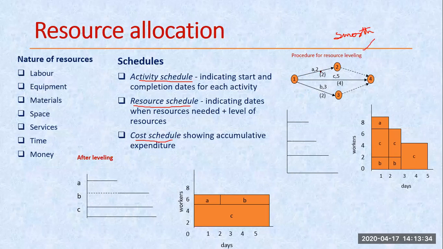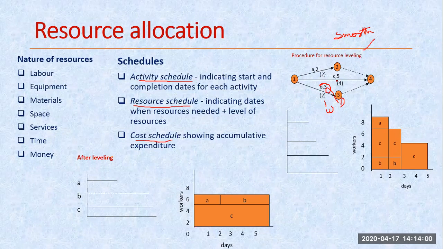As per this particular graph, each activity has a given duration. This is the duration, this is the duration. 3 is the duration, and in brackets is given the number of resources that are required. In my case, this is the worker. So this is the complete graph.